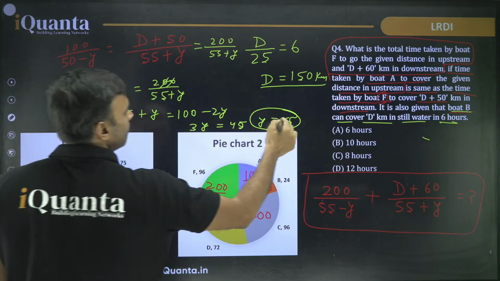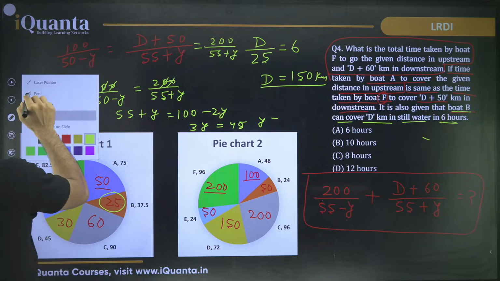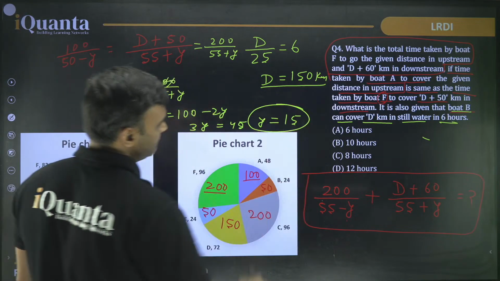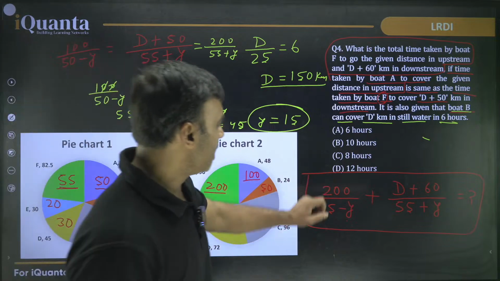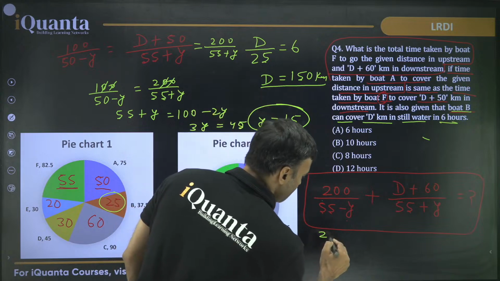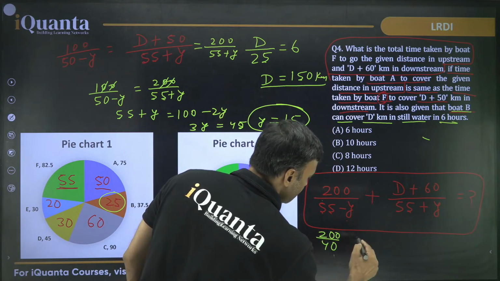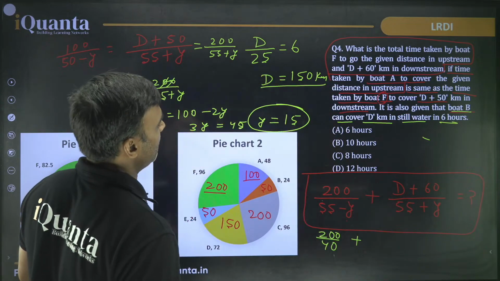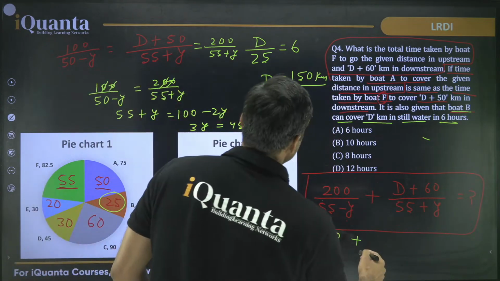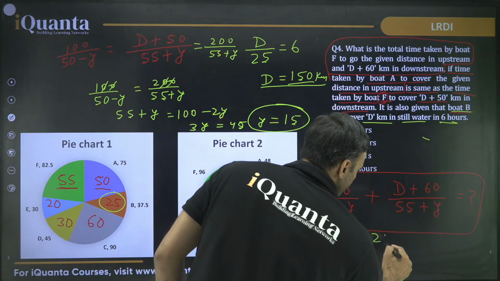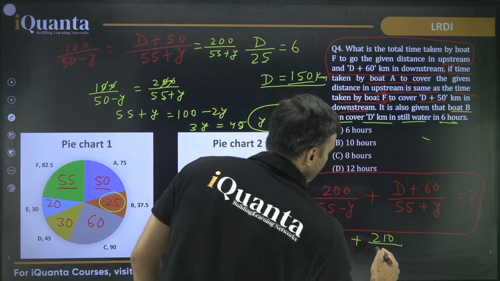So I have got y equal to 15 and d equal to 150. Both things are found. Put it here. So 200 divided by 55 minus 15, that is 40. 200 divided by 40. Here 150 plus 60, I'm so sorry, 150 plus 60 is 210, divided by 55 plus 15, that is 70.